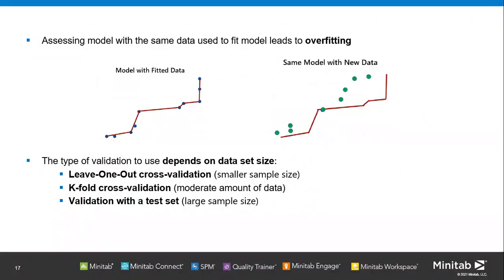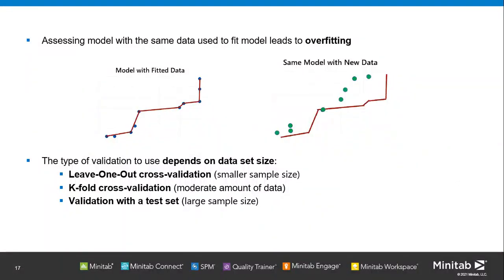So it depends on how many folds you want to divide your data set into. And then validation with a test set would be something like 20% as the test data and 80% as the training data set. It will depend, but all of this depends on your data set.